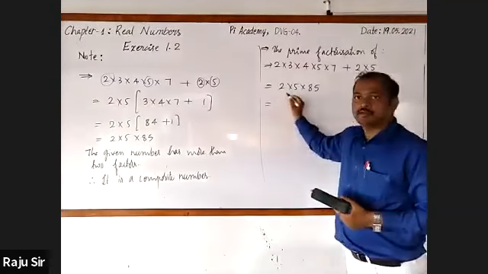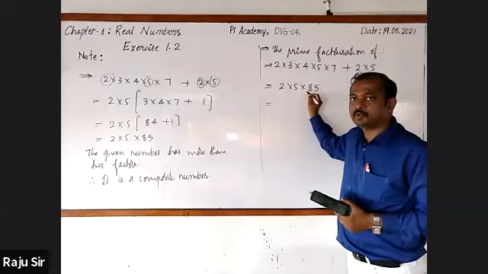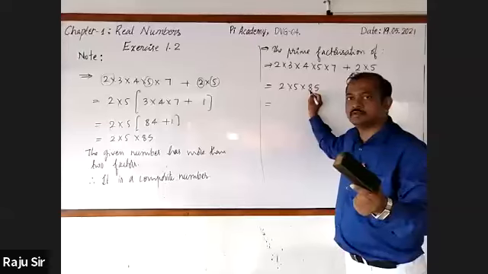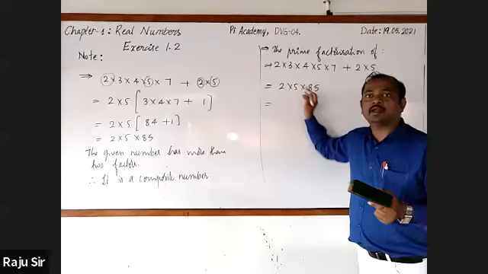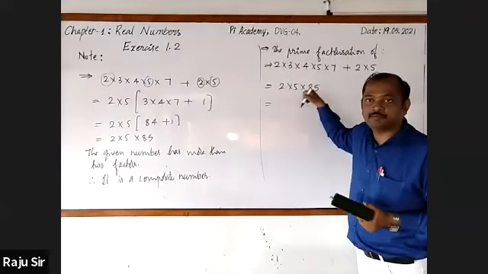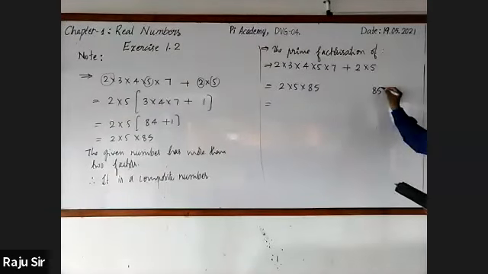Hope that you have written up to here. Have you written up to here? Yes, sir. Okay. Here 2 and 5 are already prime factors. Now you can go for finding the prime factorization of 85.